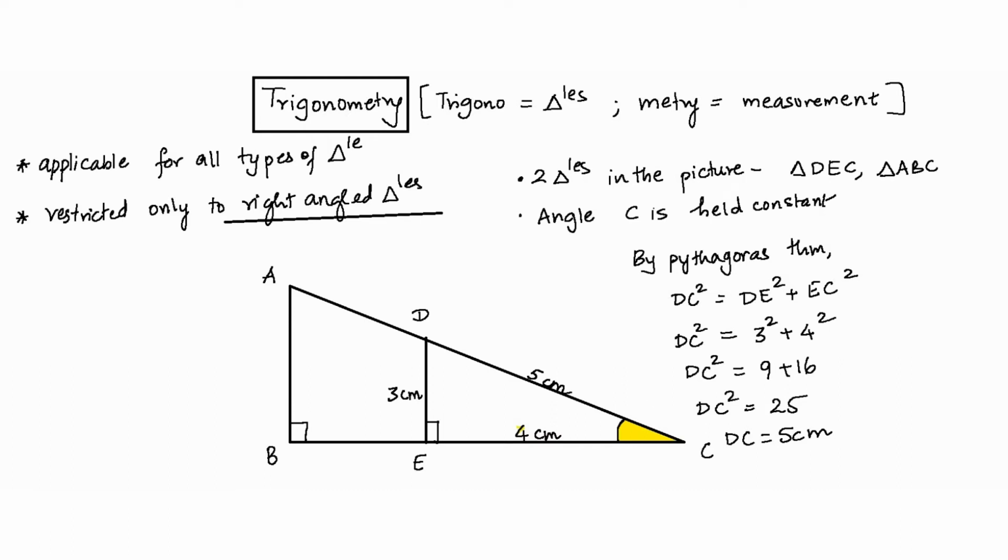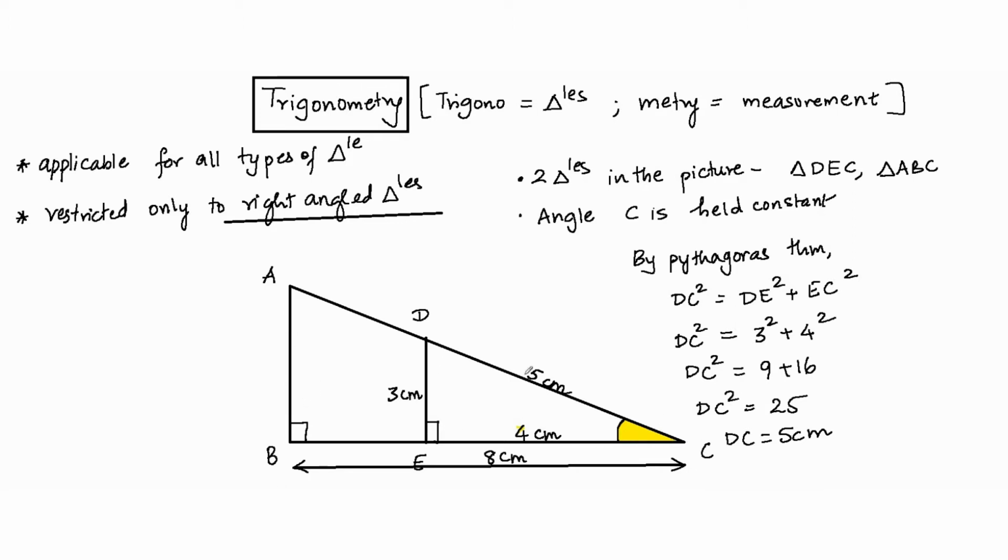Now let us do one thing. Let's assume that the length BE is 4 centimeters. What it means is this complete length is say 8 centimeters. So can you make a quick guess as to what will happen to the length AB? Let me repeat this.